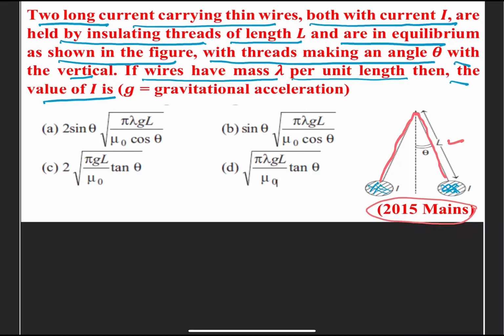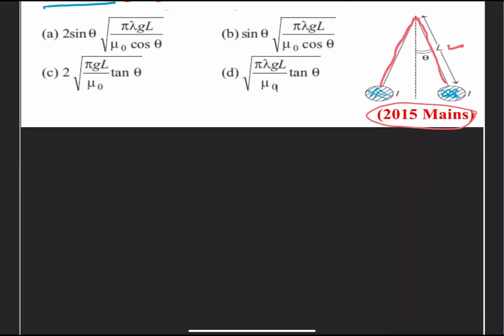And we already know that we can just draw an approximate figure for this one part. So this is a fixed point, and this is a thread making an angle of theta with the vertical. So here we are going to have a tension T, and this is our wire.